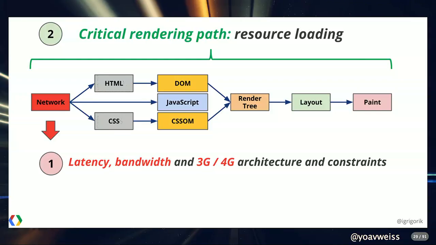And CSS is required in order to create the CSS object model, which together with the DOM is required to create the render tree, which is required for layout, which is required to paint actual content to the user. So before the user sees anything, we need to download enough of the HTML and all of the blocking CSS and JavaScript. This is what we often refer to as critical resources.